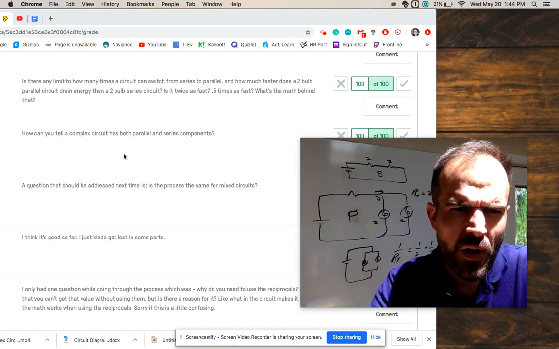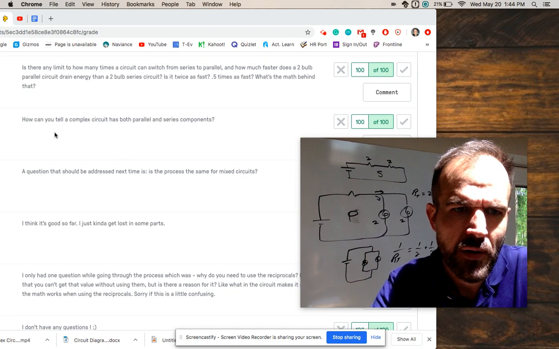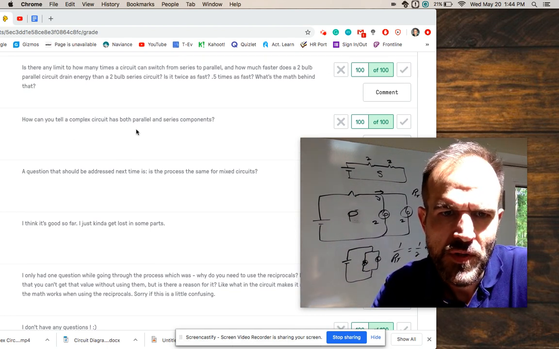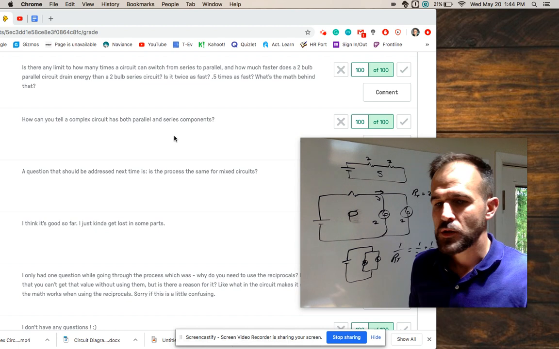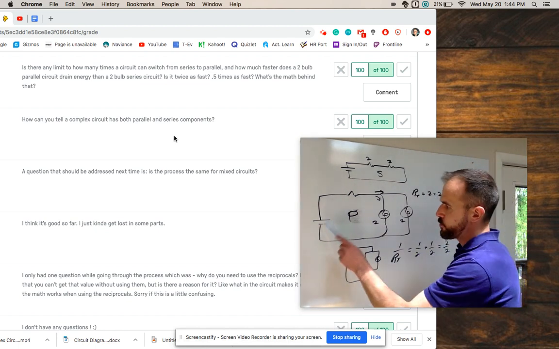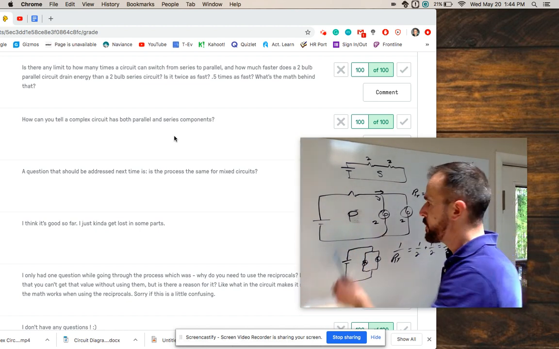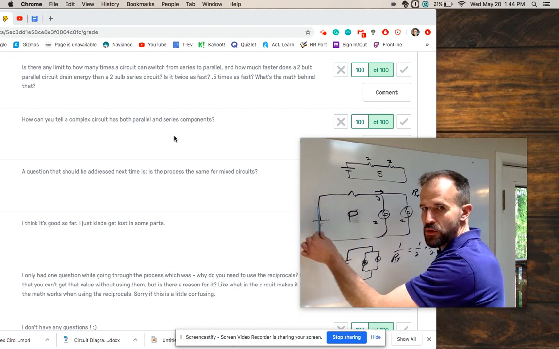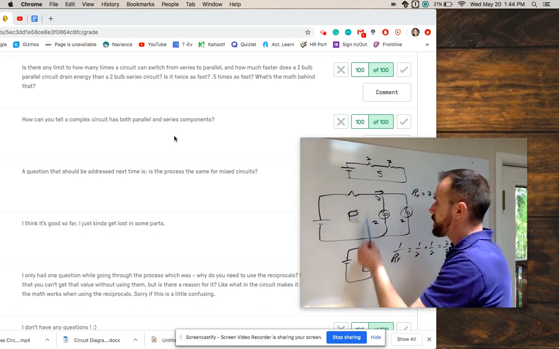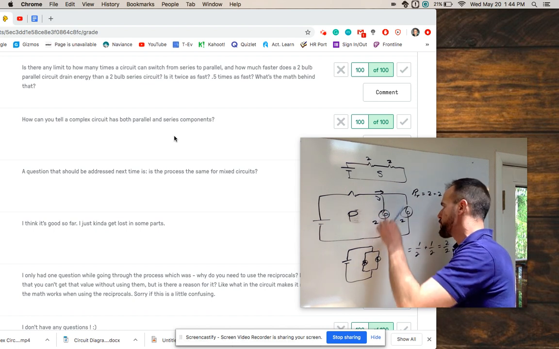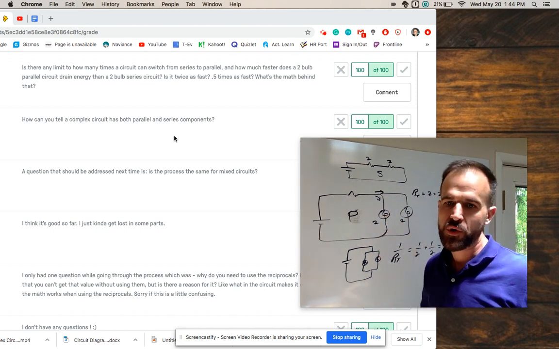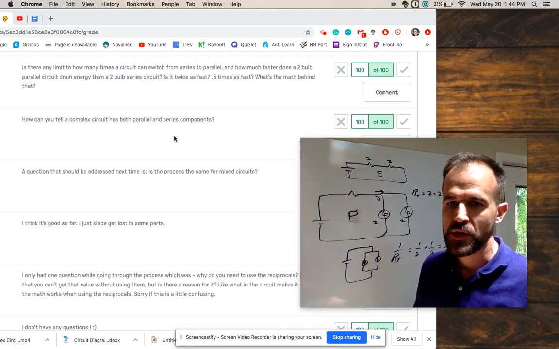That's cool. How can you tell a complex circuit has both series and parallel? It's going to come down to this: when you leave the battery, identify the battery and then follow the pathway. Does it go right through something? Well, then that's series. If there's some sort of split and then it goes through stuff, then you have entered some part where there's a split. It's not series anymore.